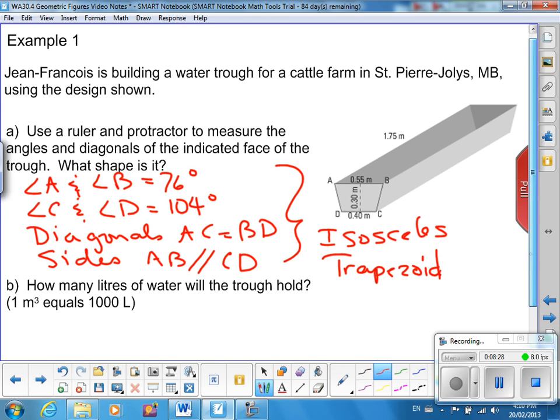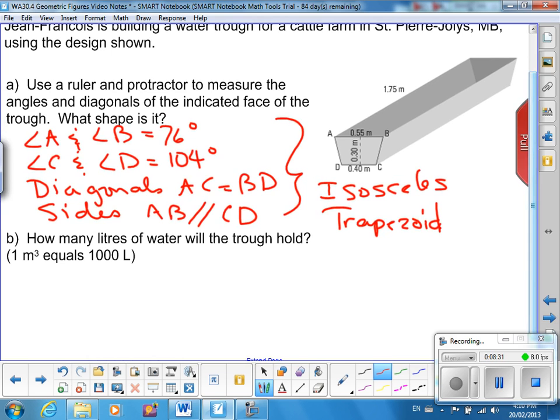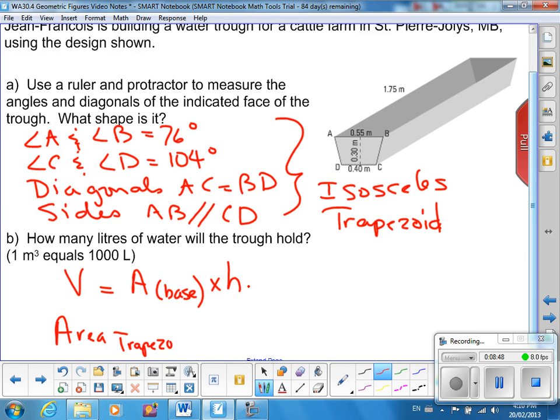This makes this shape an isosceles trapezoid. So to figure out how many liters it will hold, we're working with volume. The volume of a trapezoid is equal to the area of the base times the height. The area of a trapezoid formula is 1/2 (A plus B) H. A is here, B is here, and H is the height between those two.